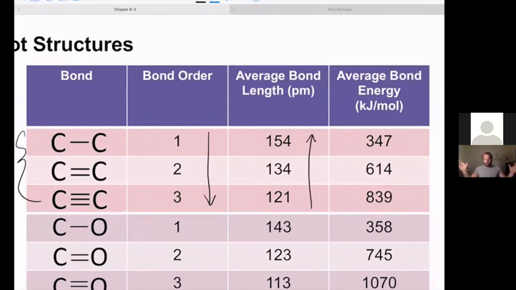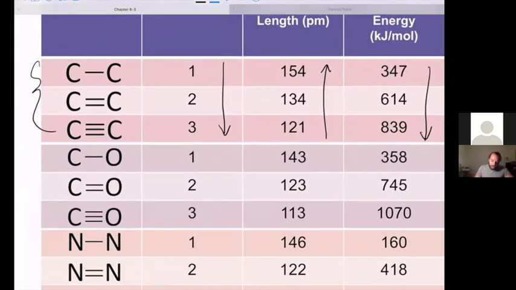So single bonds are the longest, double bonds are a little bit shorter, triple bonds are even shorter than that. Not only that, but the amount of energy required to break those bonds increases with bond order, right? So it's easiest to break a single bond, harder to break a double bond, even harder to break a triple bond.